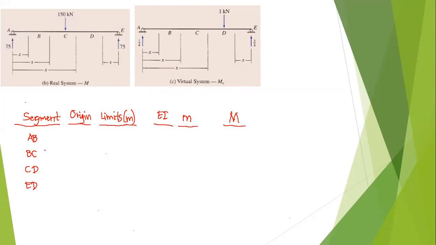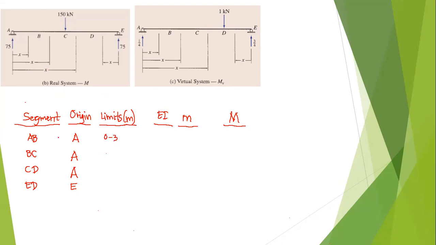So for segment AB, we may select our origin starting from A, and for segment BC, we can select our origin to be at A, and for segment CD, we can select our origin at A, while at segment DE, we may select our origin to be from E. Now the limits would be, for segment AB, from 0 to 3.